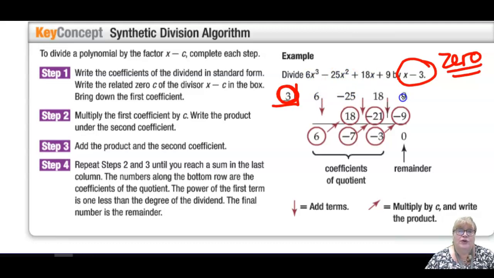But again, if there are any terms missing, you need placeholders. Then the rule is you drop this down, multiply, add, multiply, add, multiply, add. So it's multiply, add, after you drop the first one. No subtracting, because we're using the 0.